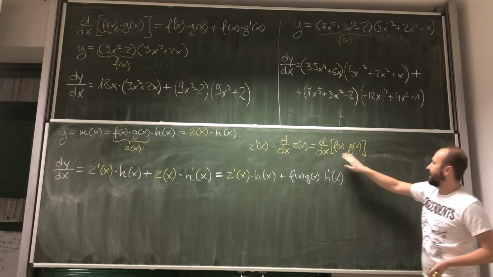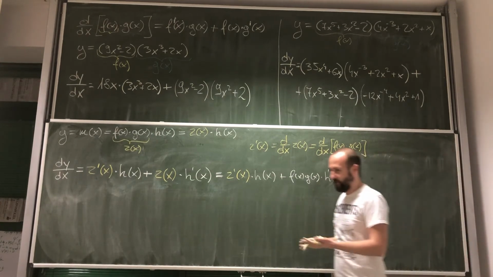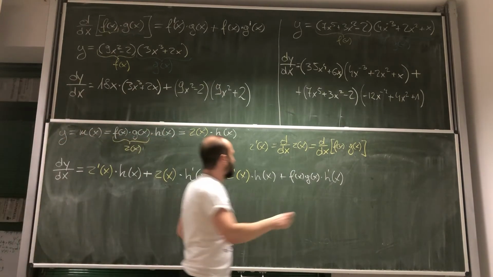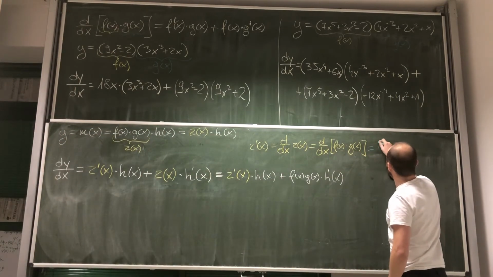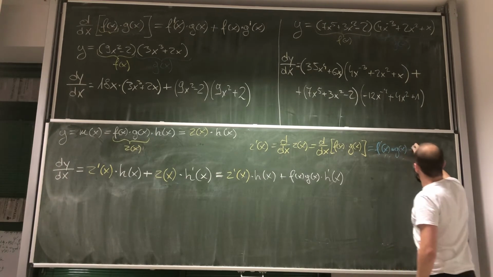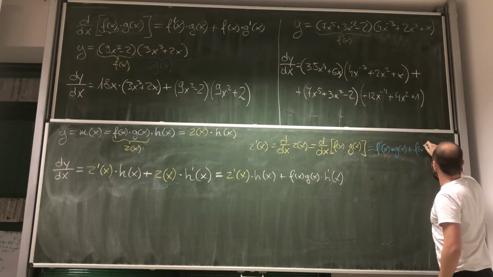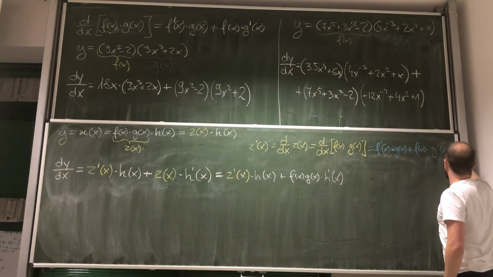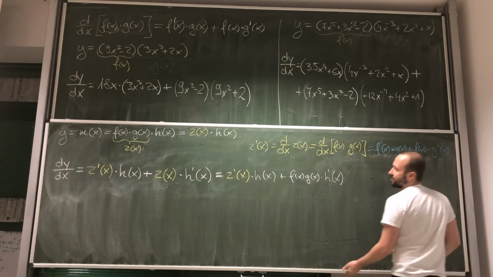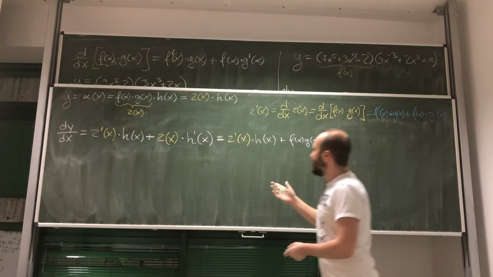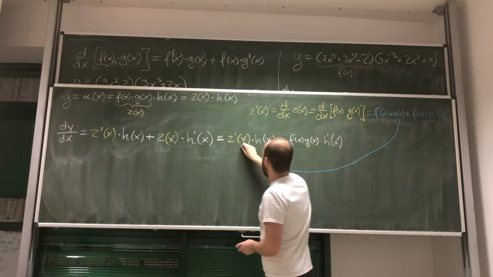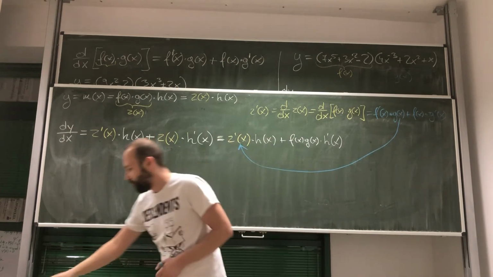And we already know that this is equal to f prime of x times g of x plus f of x times g prime of x. So let's take this result that we've just obtained and substitute it over here.